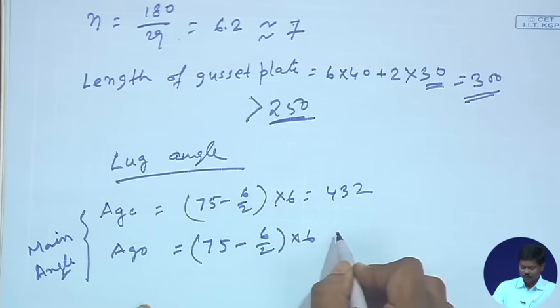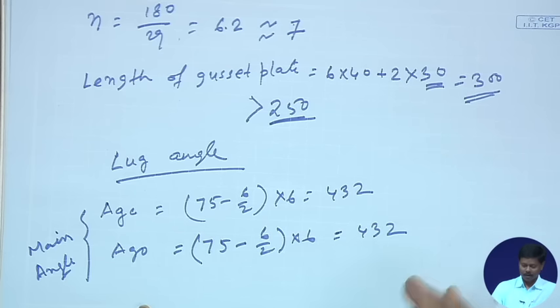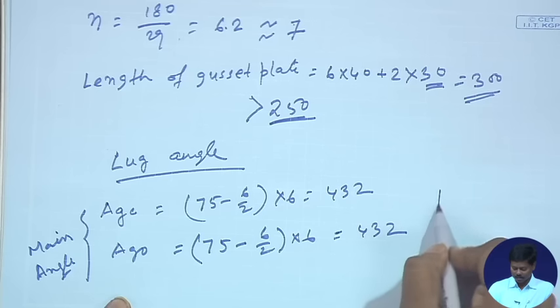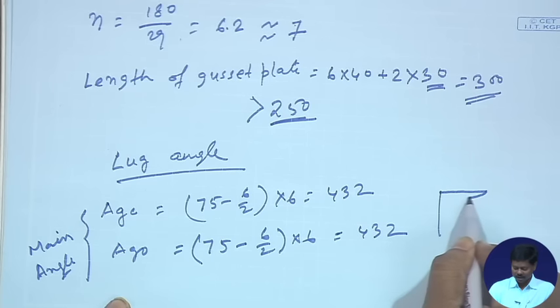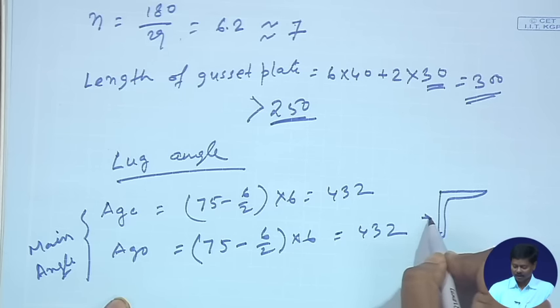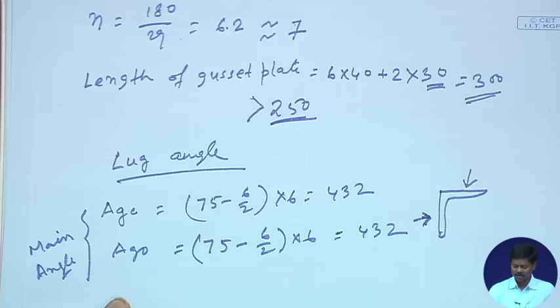Okay. So, this is coming 432. Now, see what we could see here, that if the angle is like this, so area of this leg and area of this leg is same, right. Gross area of these two legs is same, right.